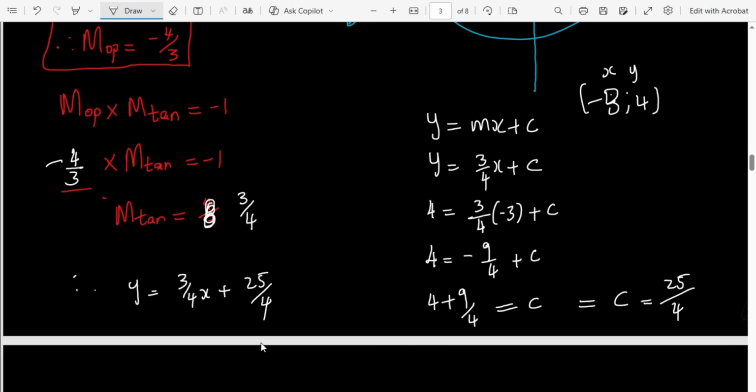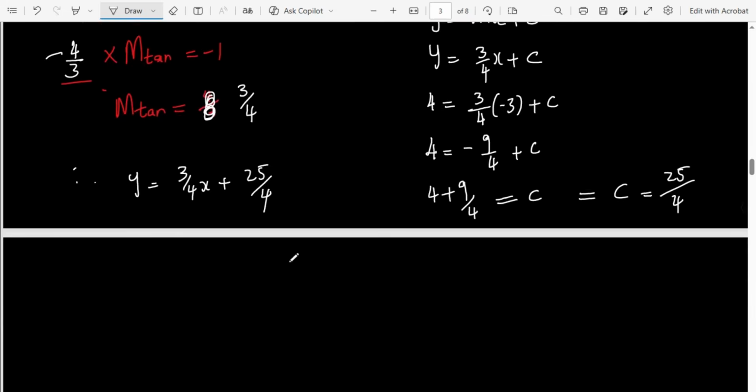Okay. So now that you understand how to find the equation of a tangent, there's something very important. How will we be able to prove if a straight line is a tangent to a circle if we have been given both equations?